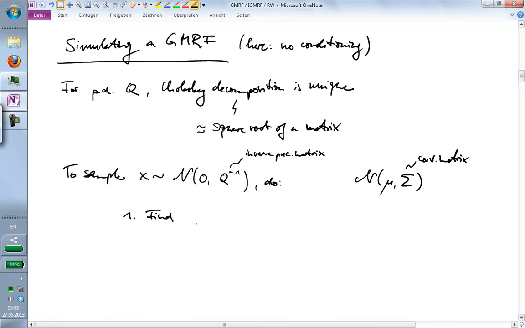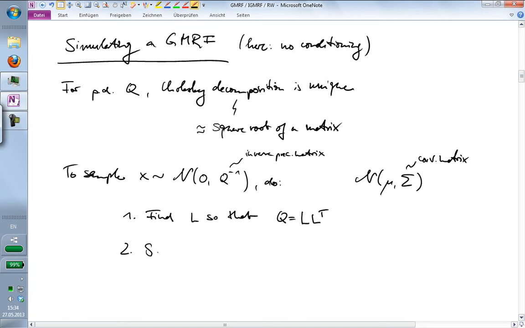So you can first do the Cholesky decomposition. So find a lower triangular matrix L so that Q is L L transpose.